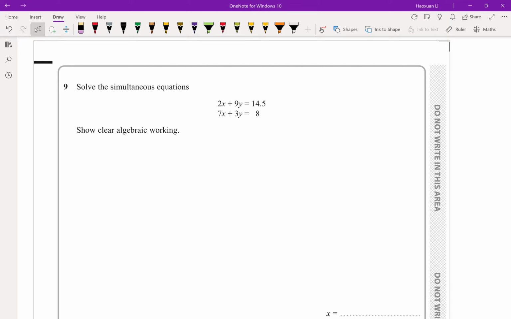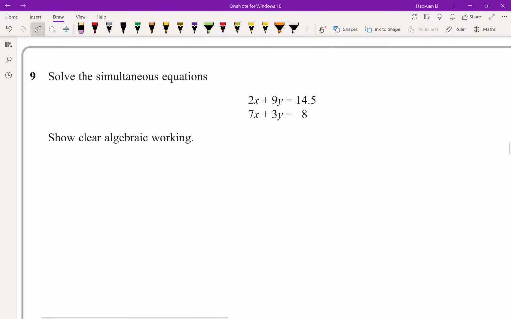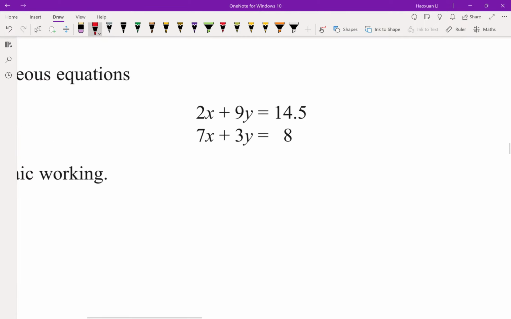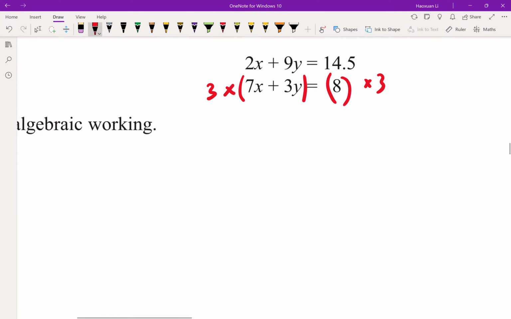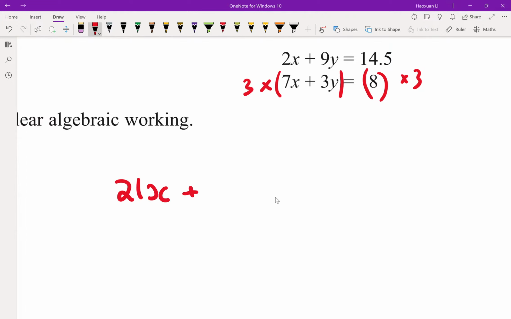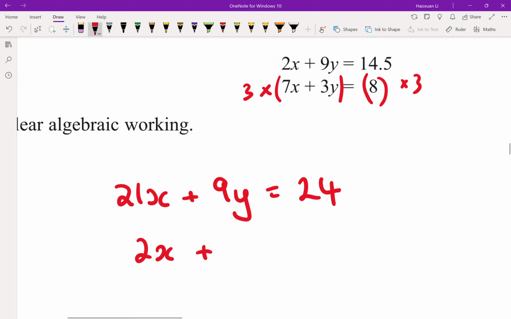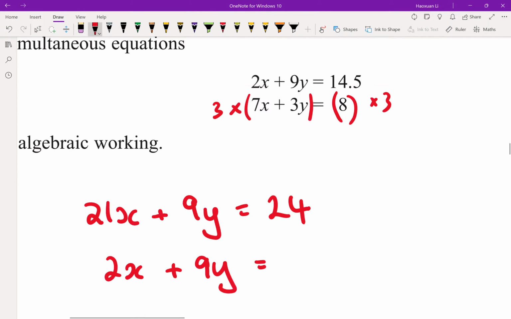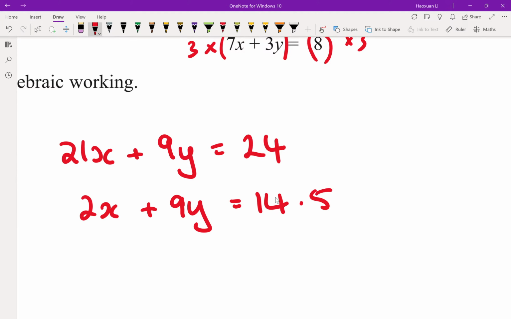Solve the simultaneous equations. So 2x plus 9y equals 14.5 and 7x plus 3y equals 8. Show clear algebraic working. Here it's recommended that you use the elimination method. By this I mean you times the second equation by 3 on both sides and deduct from each other. So 21x plus 9y equals 24, and 2x plus 9y equals 14.5.